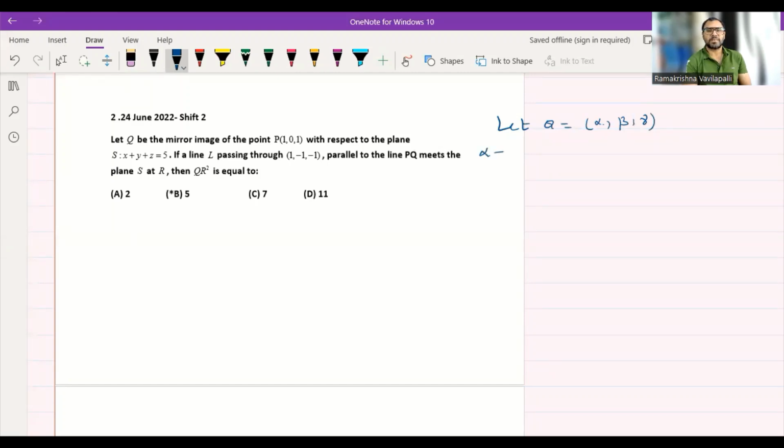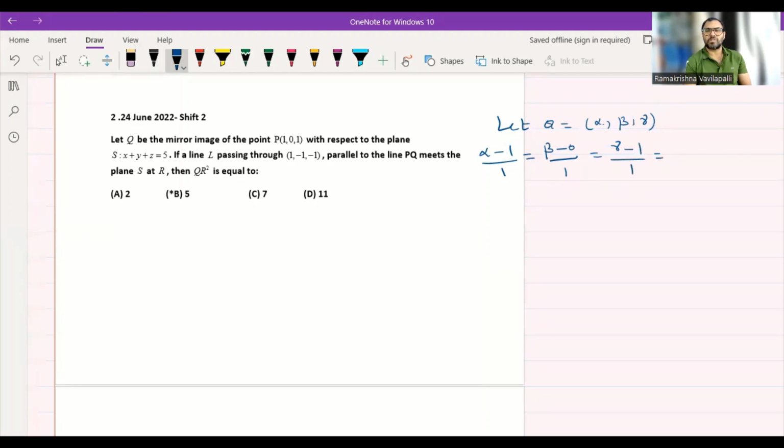Alpha minus 1 by x coefficient in the plane 1, beta minus 0 by y coefficient is 1, gamma minus 1 by z coefficient is also 1.